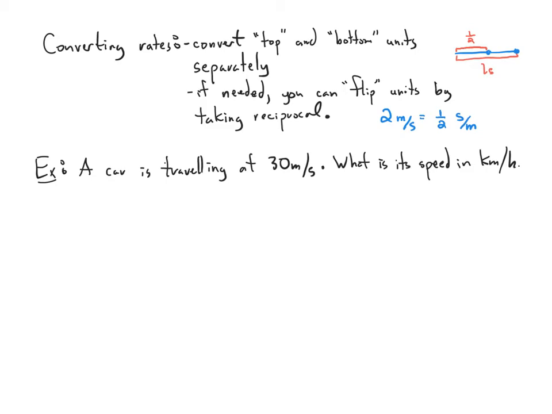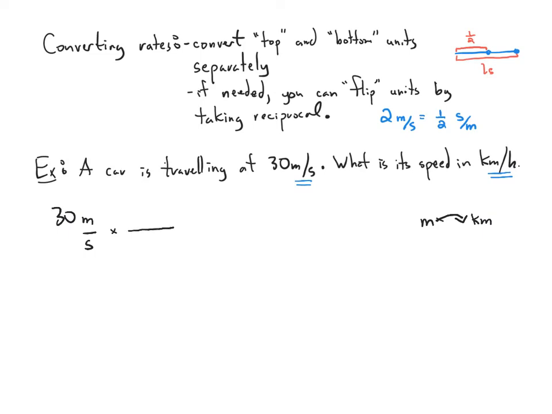But for this example, we want to convert from meters per second to kilometers per hour. So let's do it. We want to convert 30 meters per second. Let's convert meters first. We want to go from meters to kilometers. That'll be pretty easy. We know that conversion right off the top of our head. There are 1,000 meters in 1 kilometer. So let's multiply by our unit fraction.